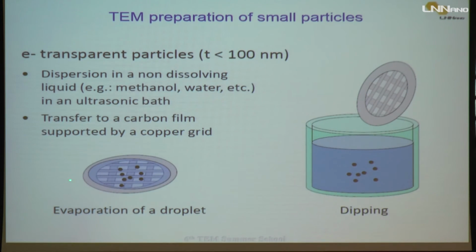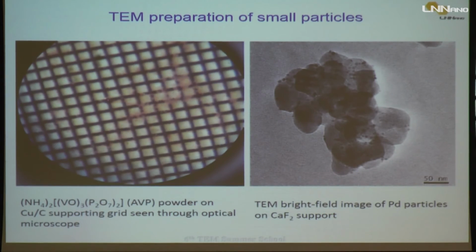You have the possibility also to dip your grid inside the suspension. For sure, some of the particles will be attached to the grid. You need to try different strategies till you find the best one for you. But it's very simple to work with these kind of particles.